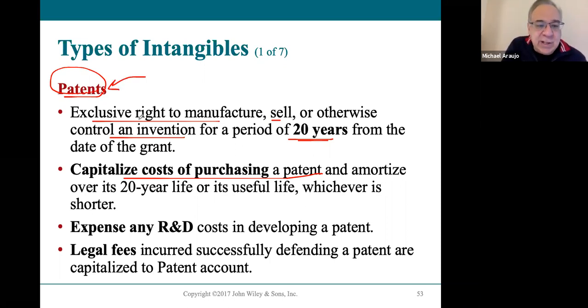And then again, exclusive right to manufacture and sell it and control it. And that's why in the United States, particularly, we pay the highest prices for medicine, particularly new medicine, because the patent allows the manufacturer of a drug to have a monopoly in the drug for 20 years.